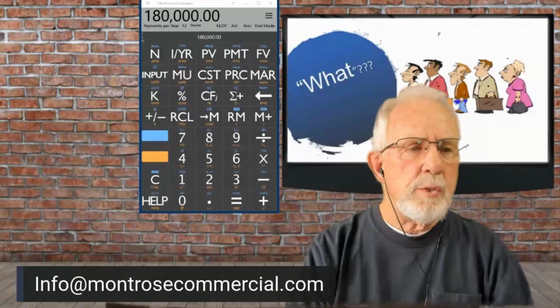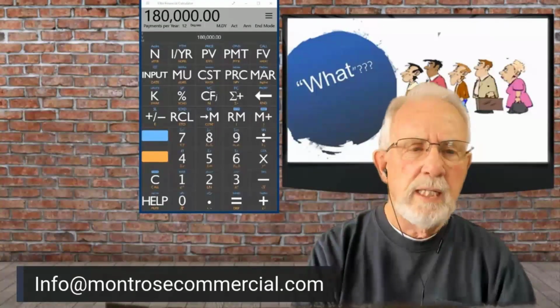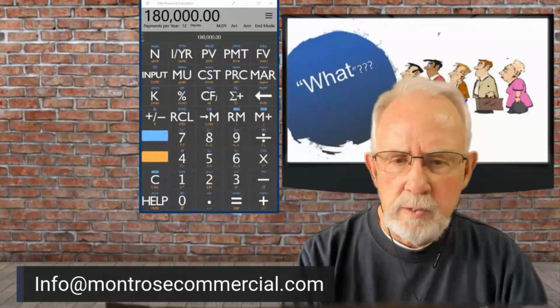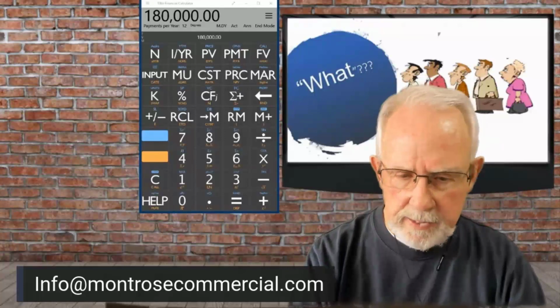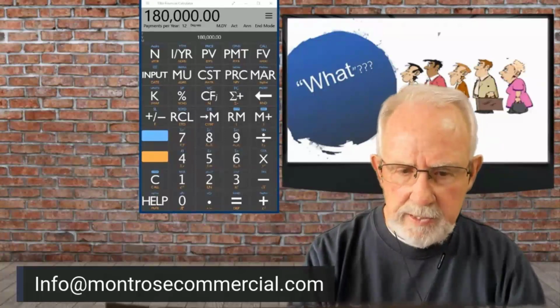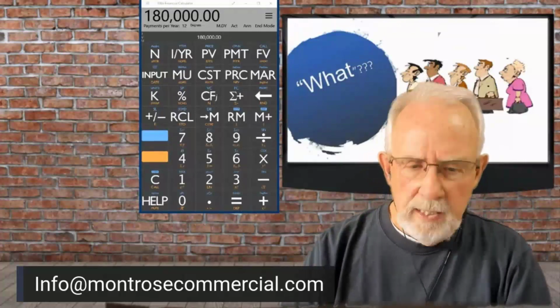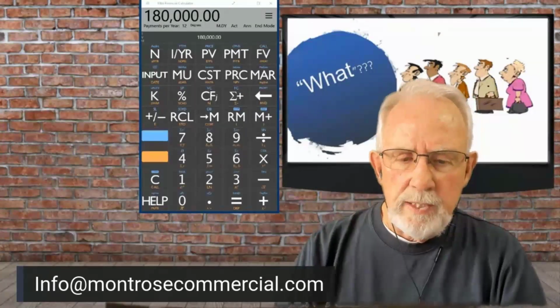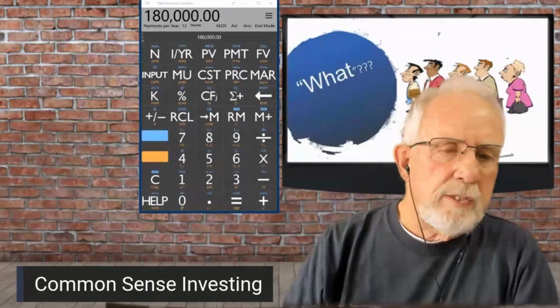And this HP 10B2 calculator, I've had it for years, and now I've got it on my computer and I can share that on the screen or with anybody else that I'm doing telemarketing with. So today we're going to talk about how to work the calculator, equity marketing, and just common sense investing.